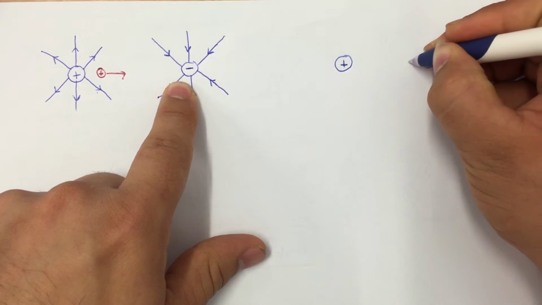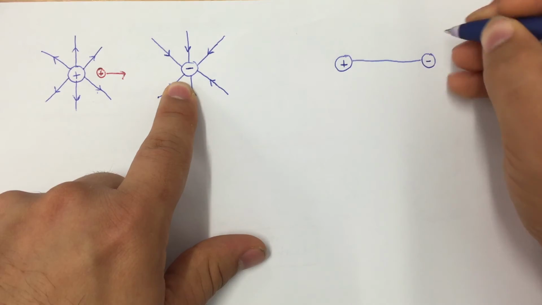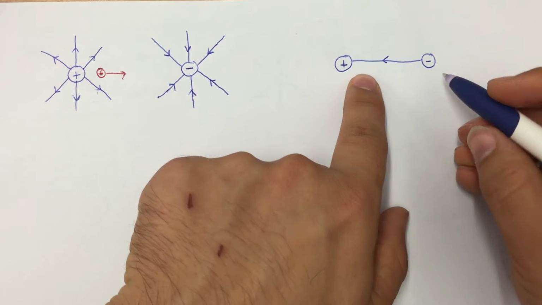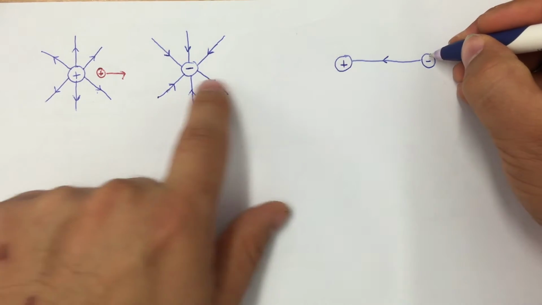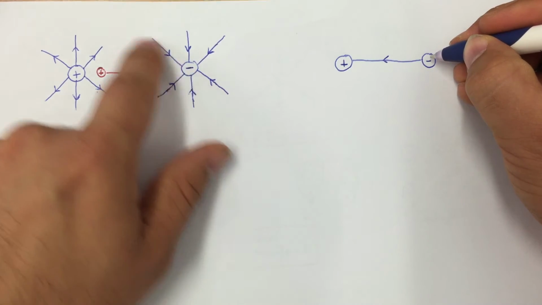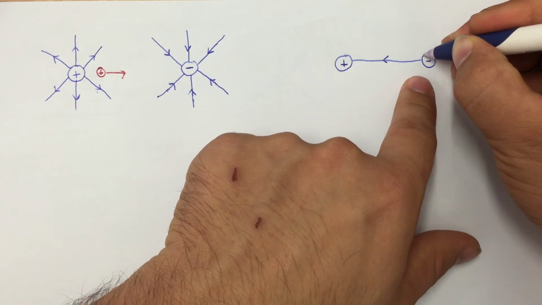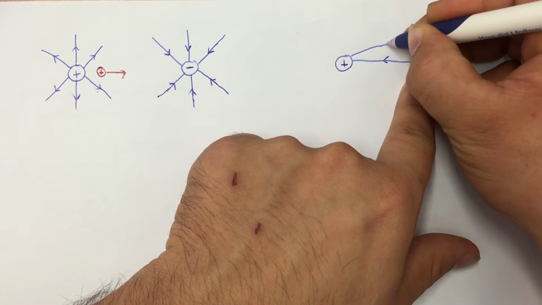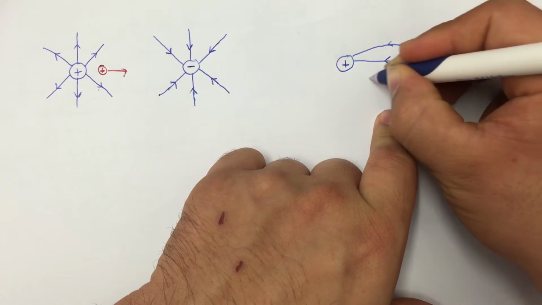Because remember it's radial, the shortest distance between two points is a straight line, so we will get a straight line between them. But then remember the field will be coming out in all directions around the charge, so at the other points, it will curve.